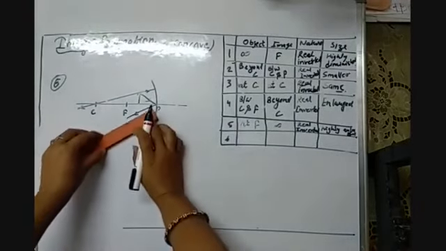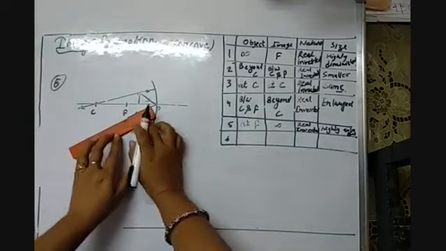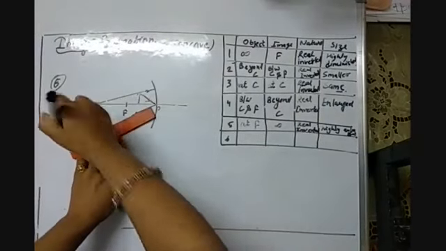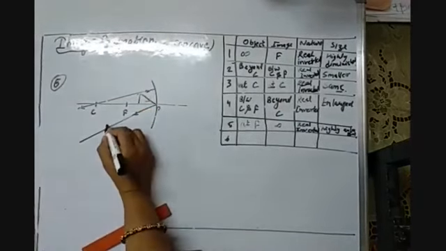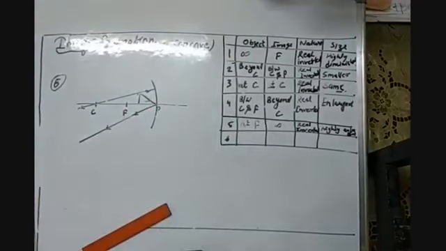Now if we extend the reflected rays further, we will find that the distance between the two reflected rays is gradually increasing.